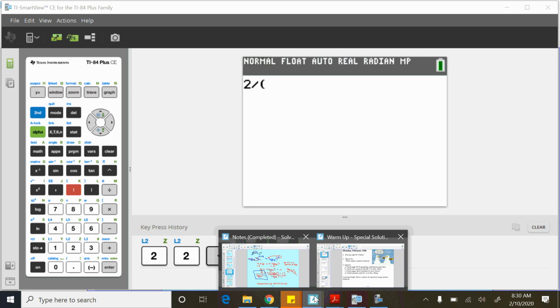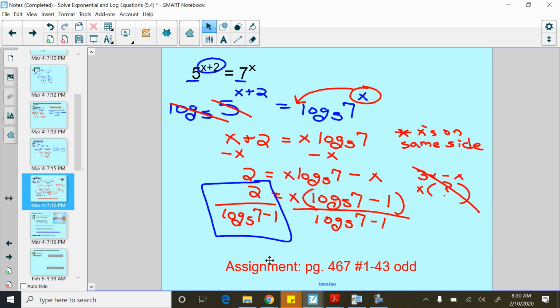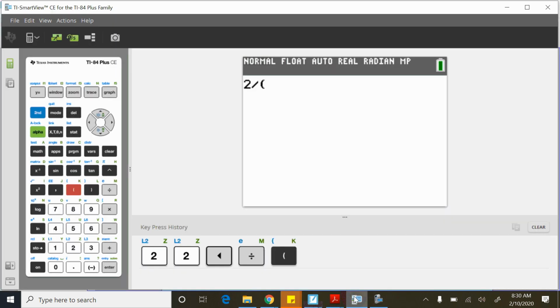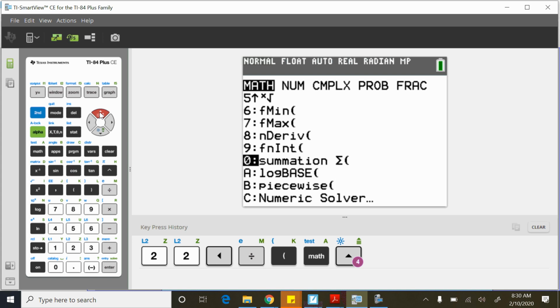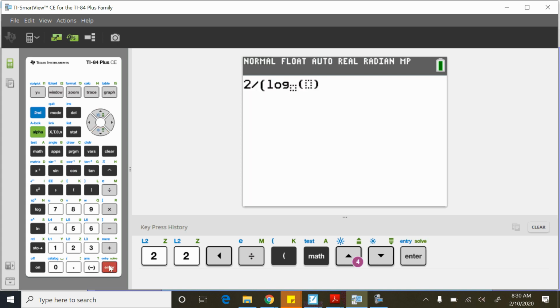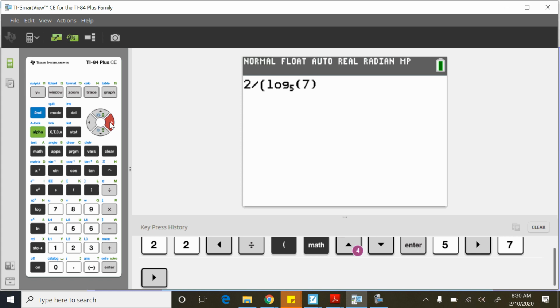So if we notice, the next thing that we have is the log base 5 of 7. So we go into our math, we find that log base button, and we have our log base 5 of 7. Now the key here is that the minus 1 is not with the log. So you have to press arrow over, so you're outside of the log, put a subtract 1 on there, and end your parentheses.